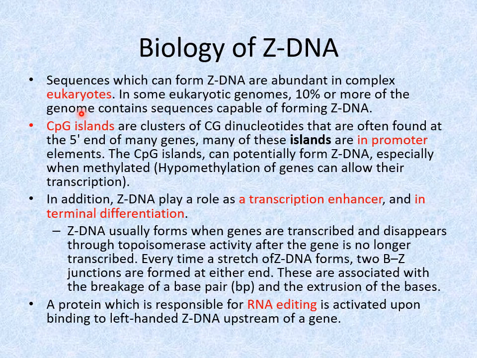They are more abundant in eukaryotes, because in eukaryotes, in the promoter region, the cytosine phosphate guanine islands are present in clusters. Over there, the Z-DNA configuration is formed. So they are present in the promoters of various genes.